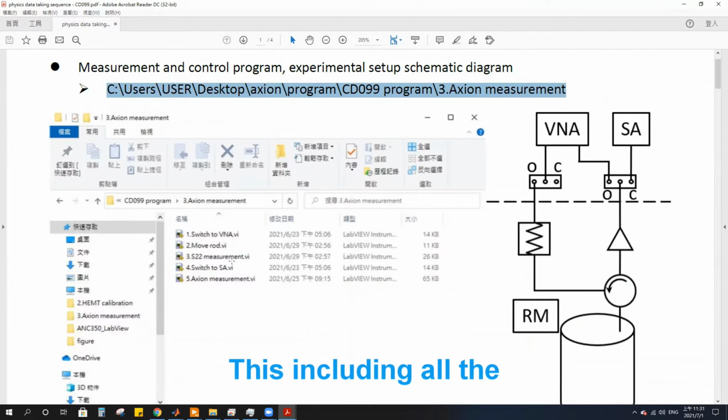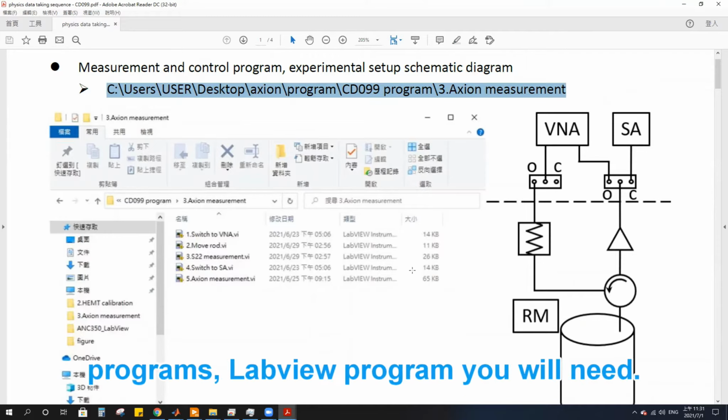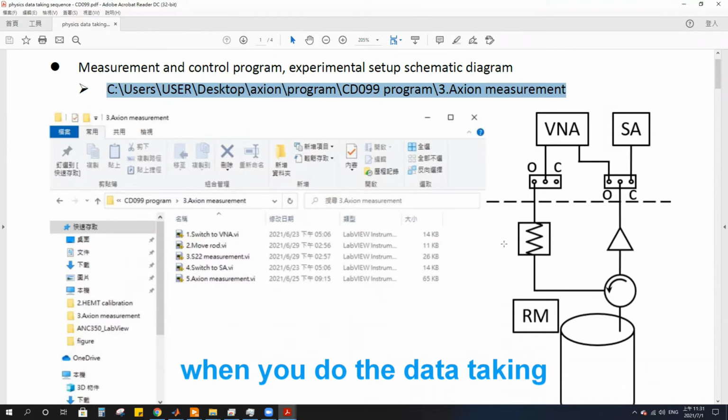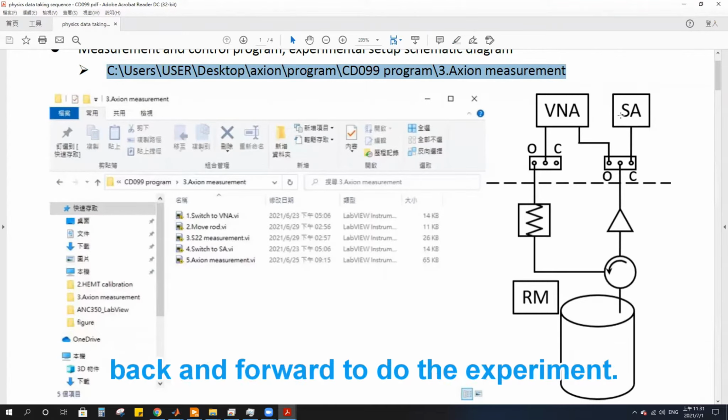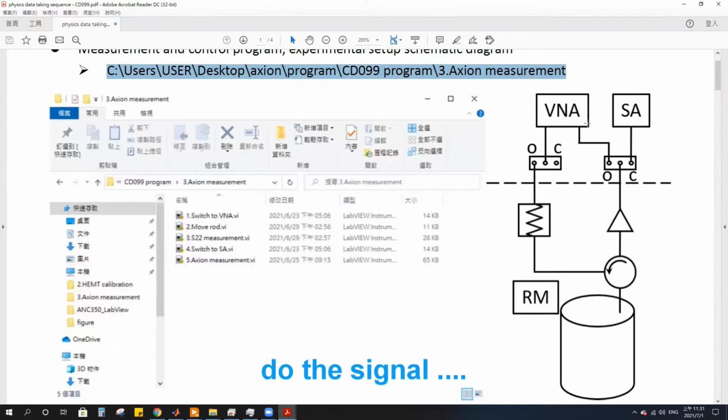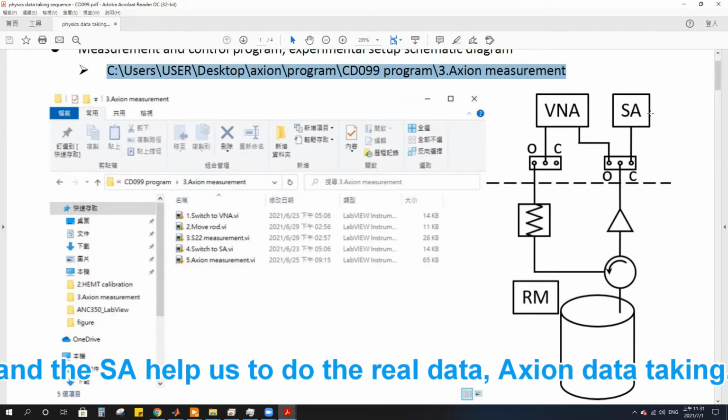Okay, this includes all the programs you will need when you do the data taking. And in this figure, it means basically this includes two switches going back and forth to do the experiment. So the VNA helps us to do the S22 parameter data taking, and the signal analyzer helps us to do the real axion data taking.